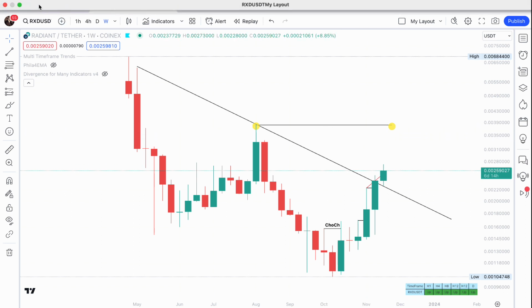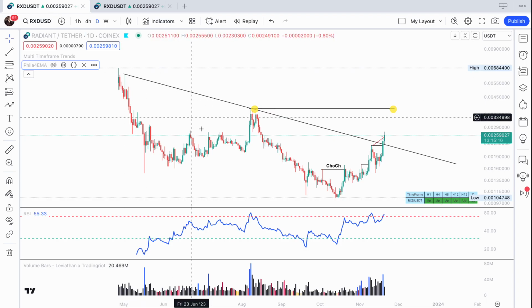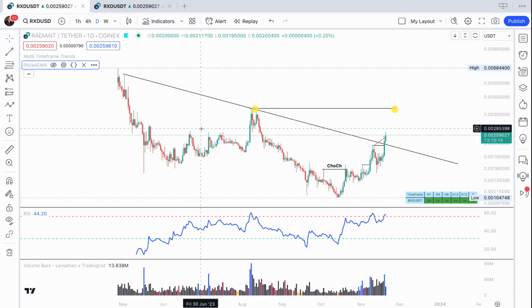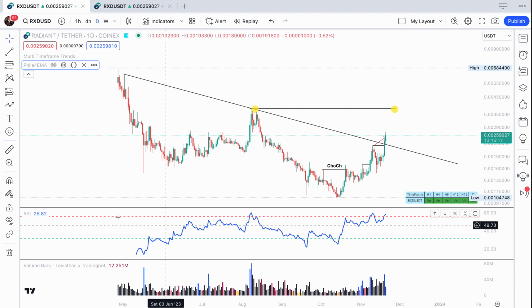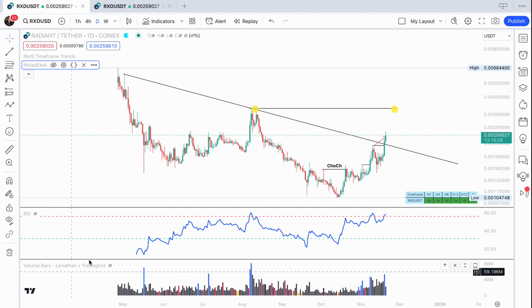Once I've finished that, I move to the daily time frame. And on the daily time frame, I open a momentum indicator. I usually use the RSI and the volume indicator.